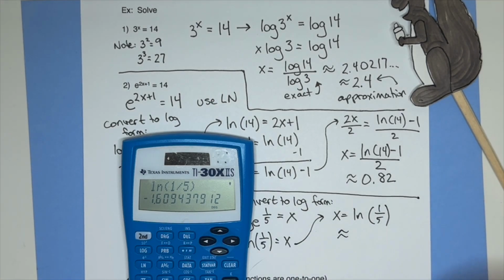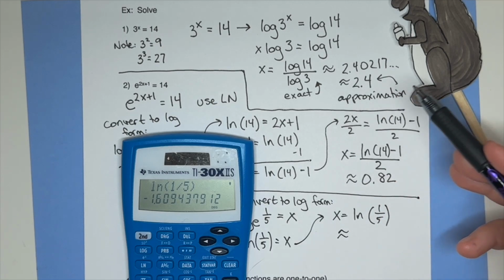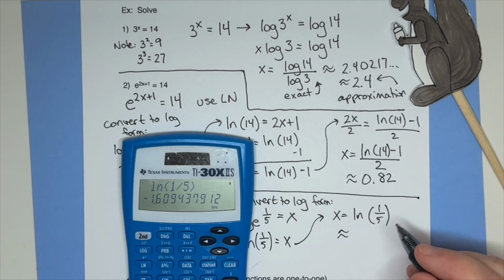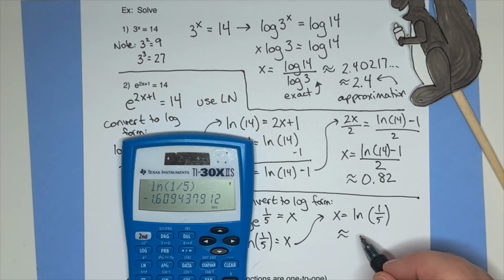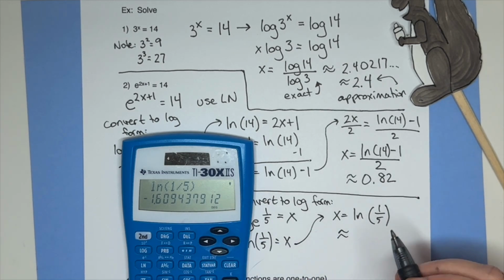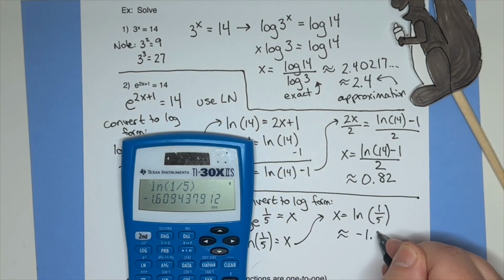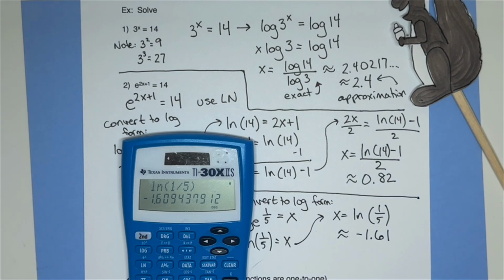You remember the shape of log and natural log, they do curve upward, but for arguments, for numbers like 1/5 that are between 0 and 1, the answer will be negative. So I've got approximately negative 1.61. I'm going to go with 2 decimal places for that.